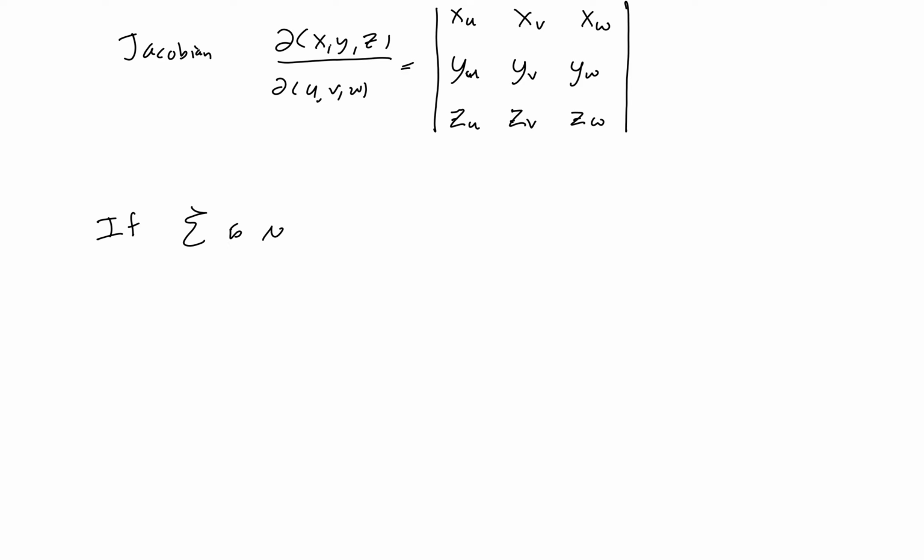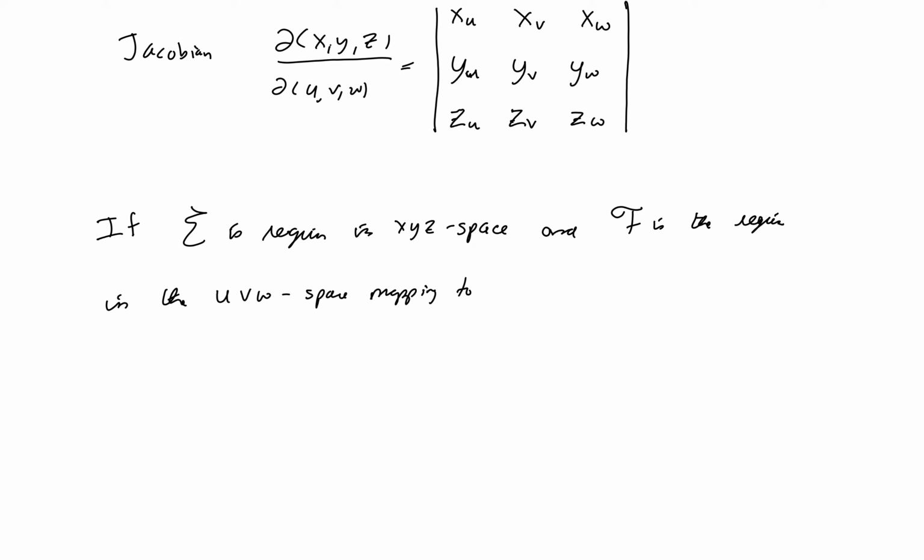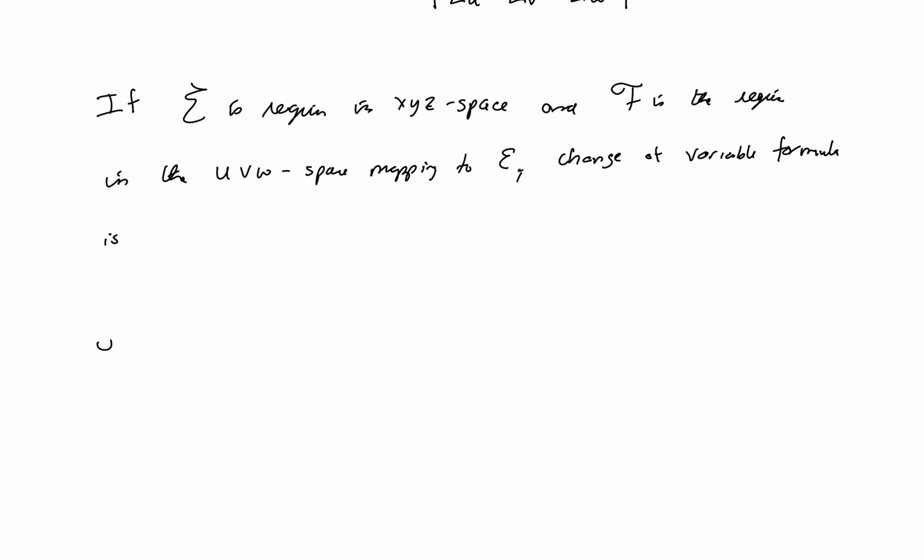So if E is the region in the XYZ space, so this is some 3-dimensional region, and let's say curly F is the region in the UVW space mapping to E, the change of variable formula is just given by, now we're integrating over E of f of xyz, and we're integrating a volume, so dV.